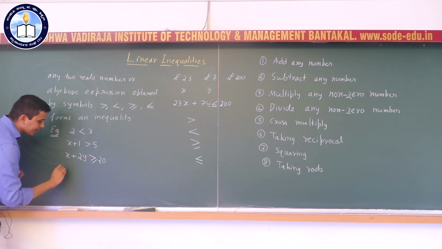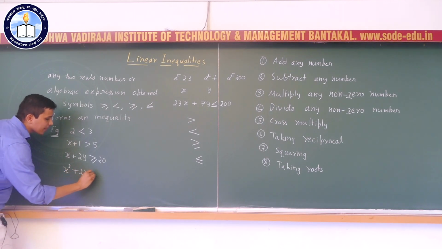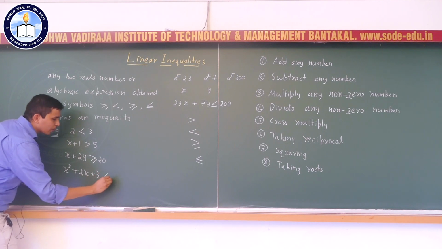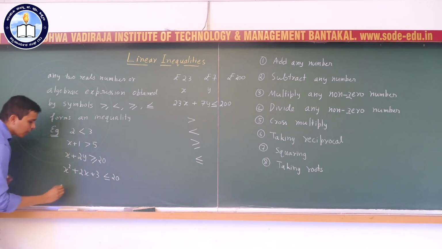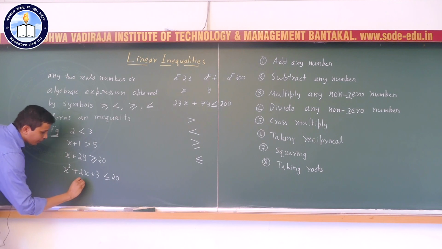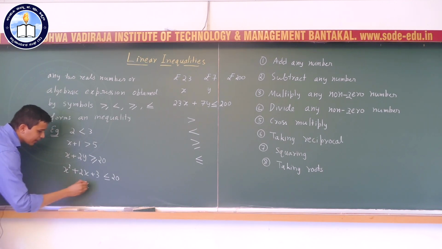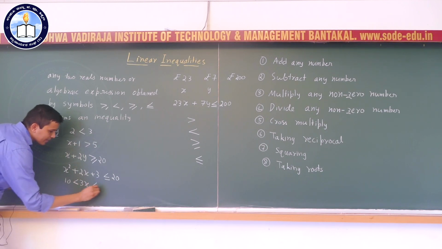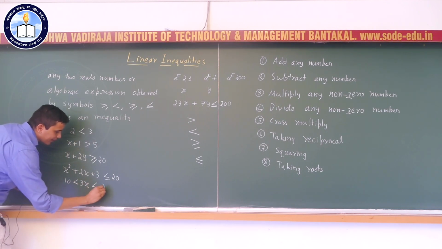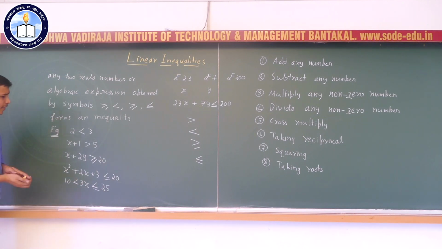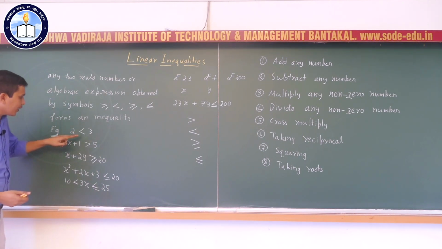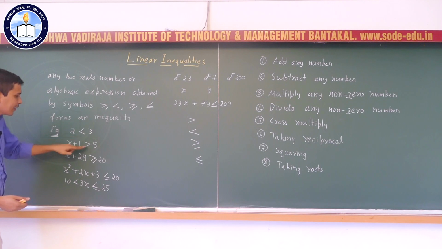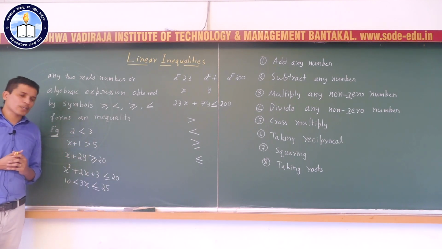Suppose I write x square plus 2x plus 3, which is less than or equal to 20. Otherwise, 3x is greater than 10 and less than or equal to 25. These expressions obtained using the symbols less than, greater than and so on, we call inequalities.